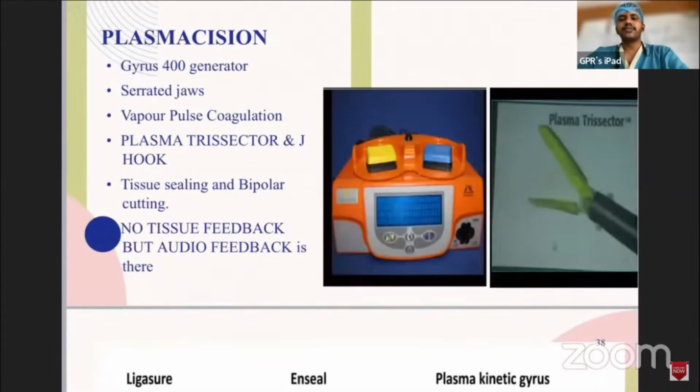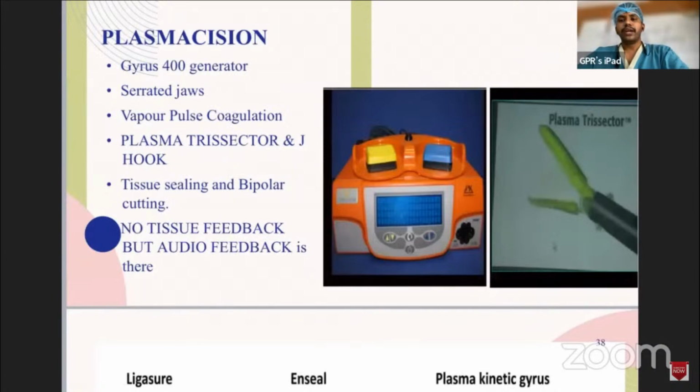Plasmakinetic is the next advanced energy source, which is not very popular. It uses the Gyrus 400 generator, and it has serrated jaws and produces a vapor pulse coagulation. It produces more tissue sealing and bipolar cutting. A bipolar machine per se, when used for a longer time, may produce cutting.